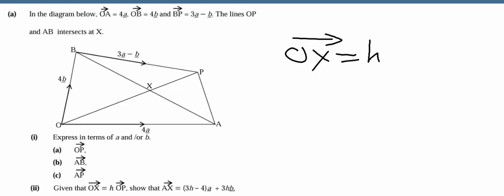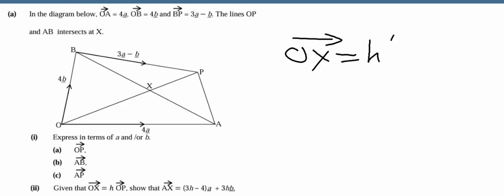So when we have vector OP, we can find vector OX. So now what is our vector OP? Our vector OP was the first answer, which was 3A vector plus 3B vector.